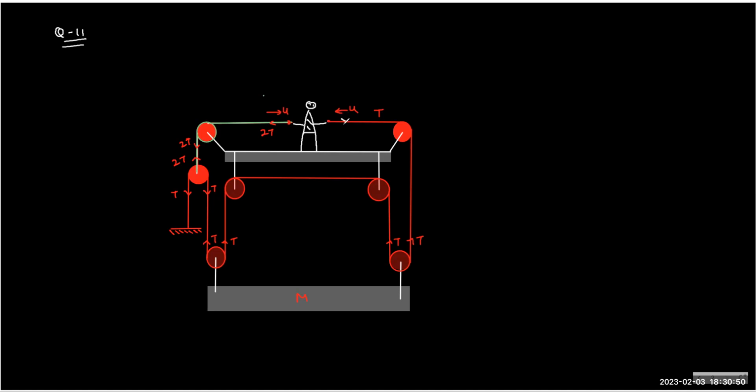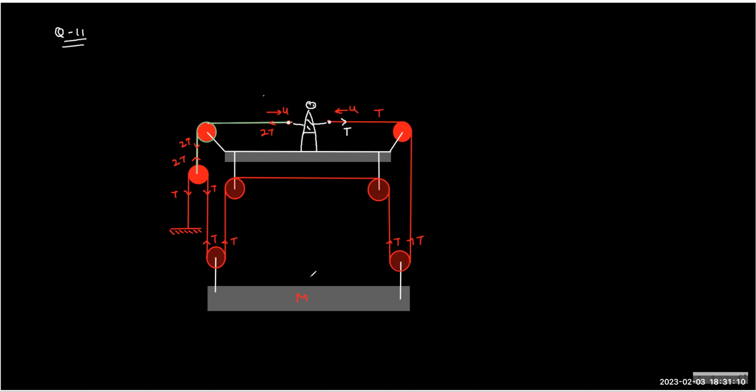So the tension here is T. So how many ends are moving? You can see this end is moving, this end is moving, and as a result, the block is moving, the plank is moving.